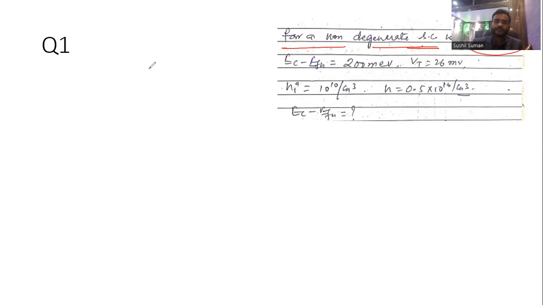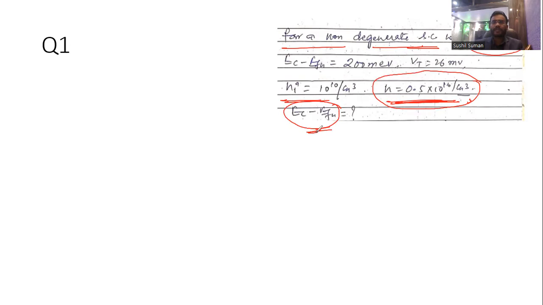For silicon, ni is 10 to the power 10 per centimeter cube. For ND equal to 0.5 into 10 to the power 16 per centimeter cube, what is the value of EC minus EFN?